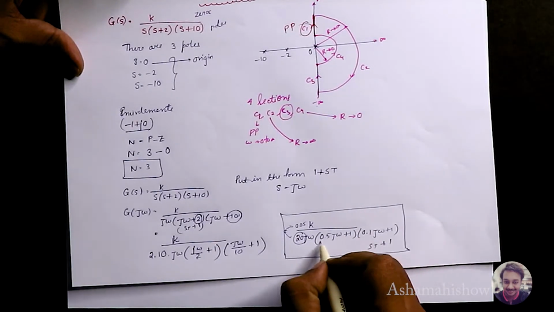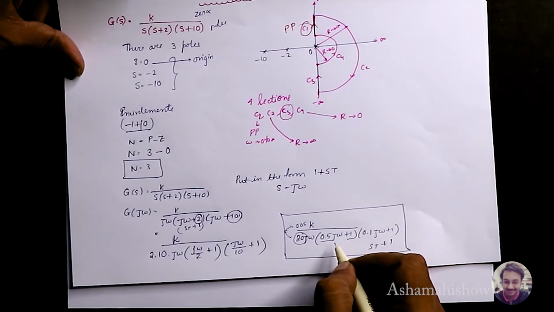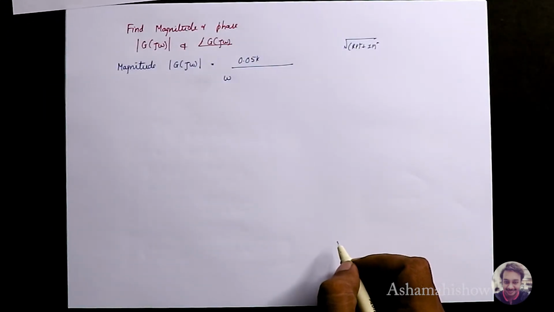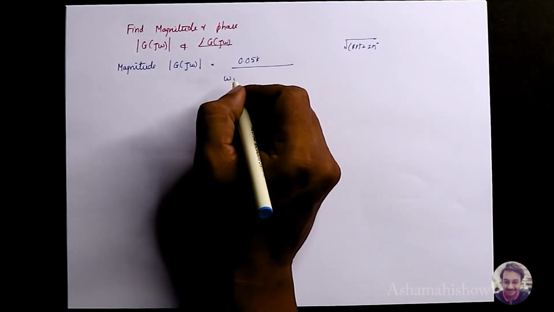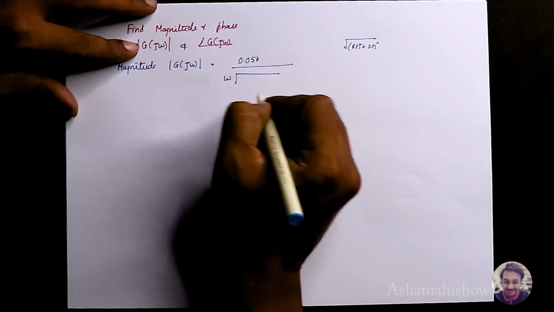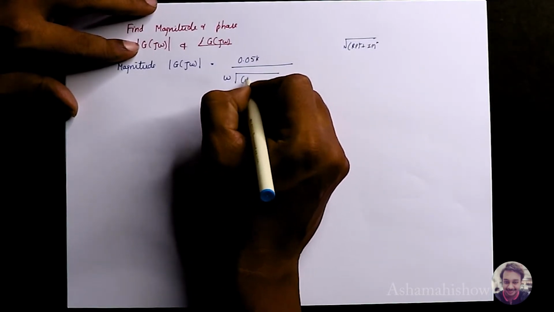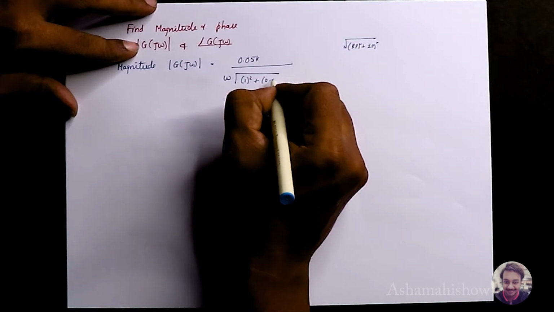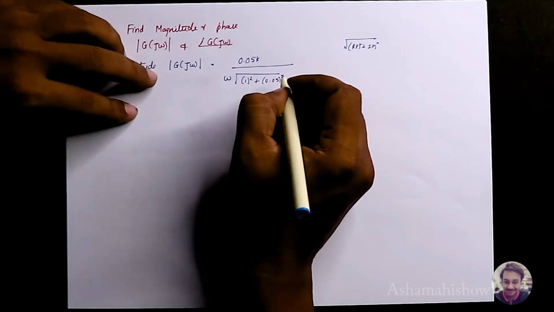So here is your imaginary part, here is your real part for this one. For this one it is 1 square for the real part, and your imaginary is 0.05 square.